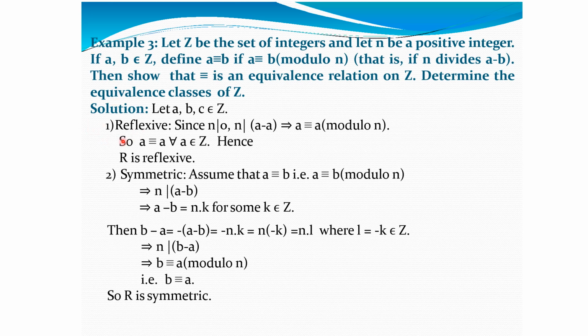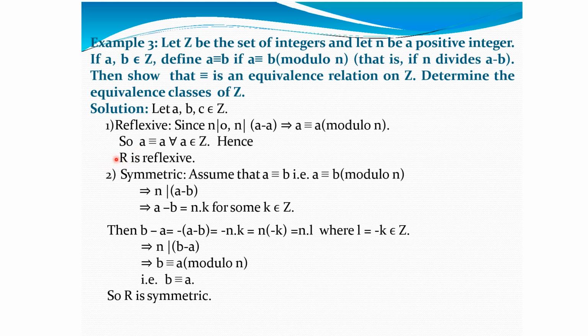Now n is a natural number. So n divides 0. That means n divides a minus a. So by definition of congruence, we get a is congruent to a modulo n. So by definition of relation, a is related to a, and this is true for all a belonging to Z.